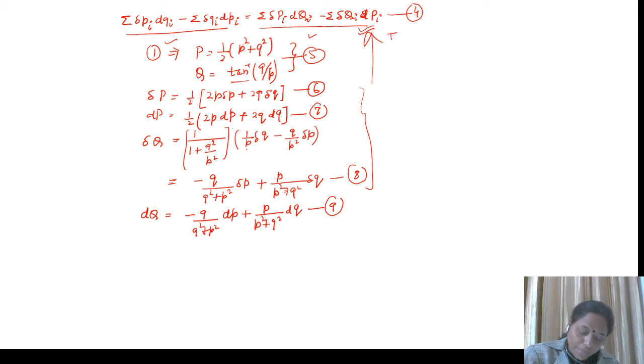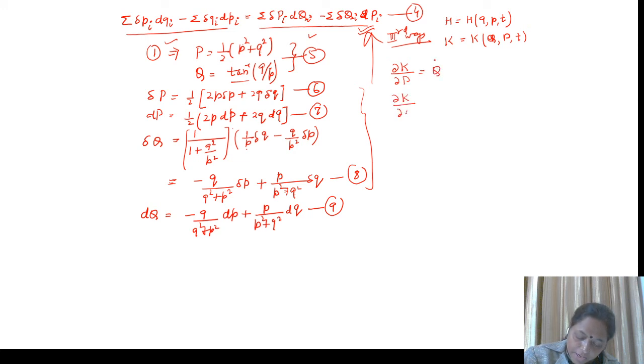So in the third way, I have to show that if your h is a function of q, p and t, and k is the new Hamiltonian, k is a function of capital Q, capital P and T, then we have to show that delta k, delta P is equal to Q dot and delta k, delta Q is equal to minus P dot.